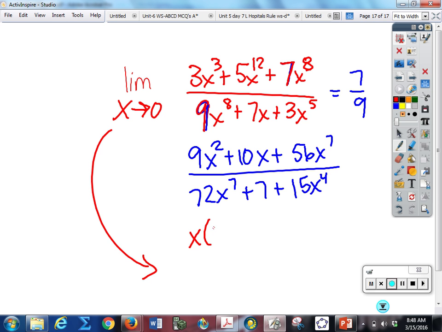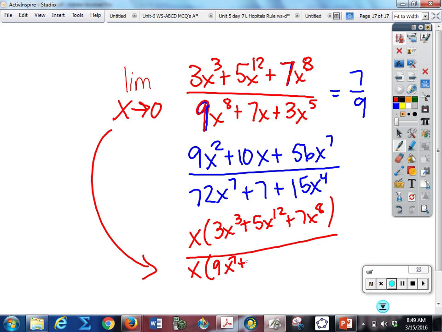And then the top is still going to go to 0 once we plug it in. At the bottom, when we factor out an x, so once I simplified, yeah, this went to 0 over 7, so this one should have been 0. And notice what happens when we did this.